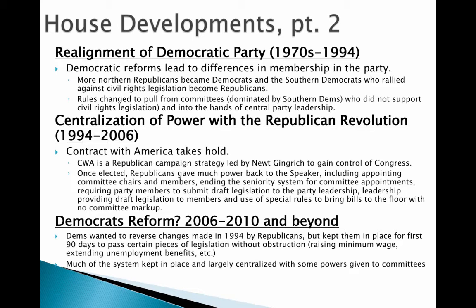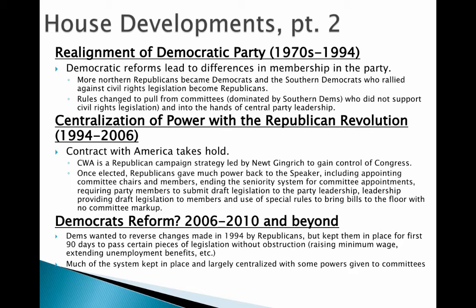That all changed in 1994 when the Republicans had what is known as the Republican Revolution and the Contract with America, and Newt Gingrich leads the Republicans to power. And this is an era of heavy, heavy centralization. Newt Gingrich becomes Speaker of the House.